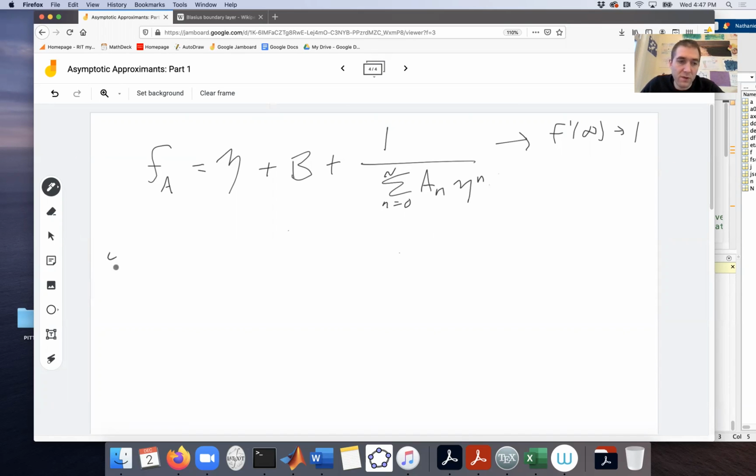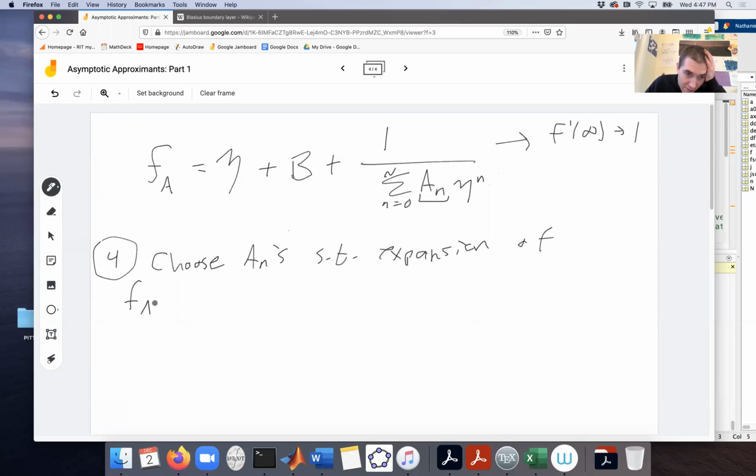So the fourth step here, and we might come back and erase this, would be to choose these unknown coefficients, the capital A sub n's, such that the expansion of f sub a about eta equaling 0 equals your solution up to capital N, your power series solution, your exact solution.